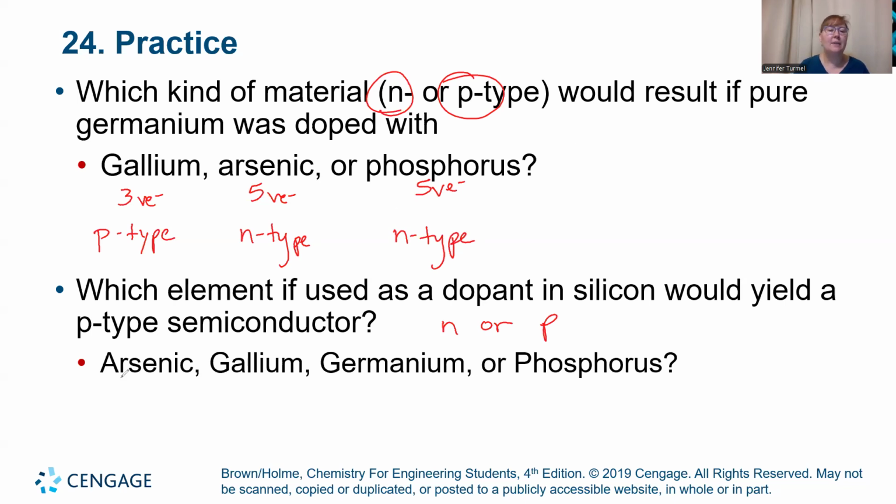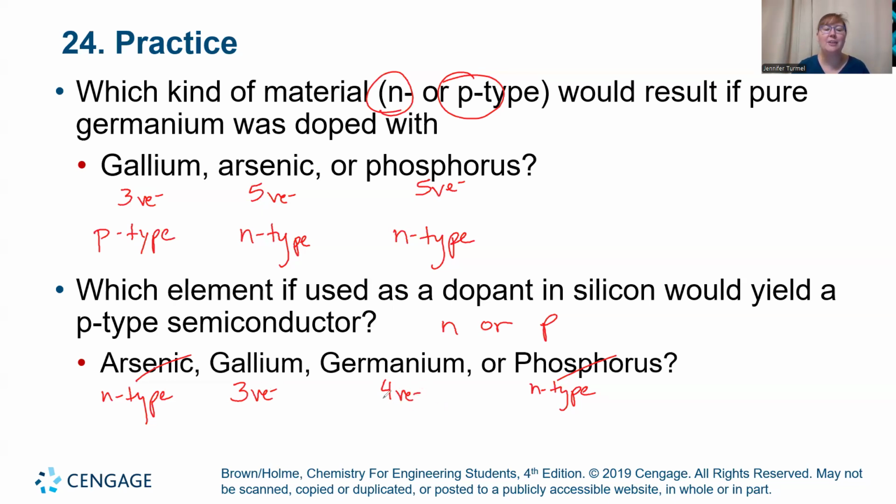Okay. Now let's come down here. We already did arsenic and phosphorus, so we won't do them again. We know that those are going to be N type. Now let's look at gallium. Gallium has 3 valence electrons, and then germanium has 4 valence electrons.